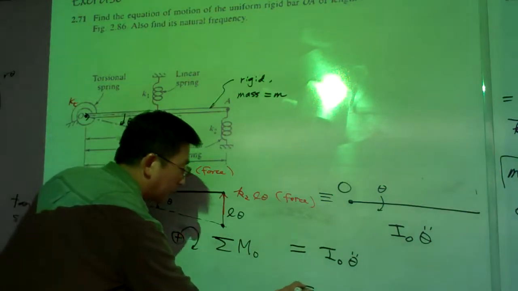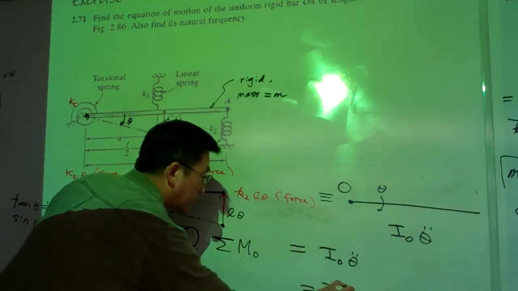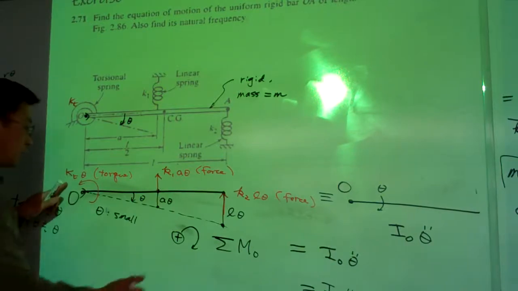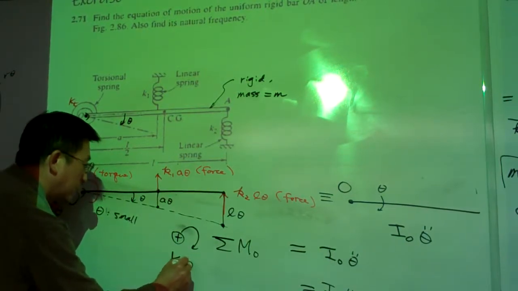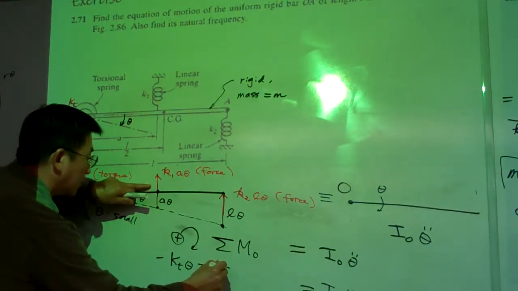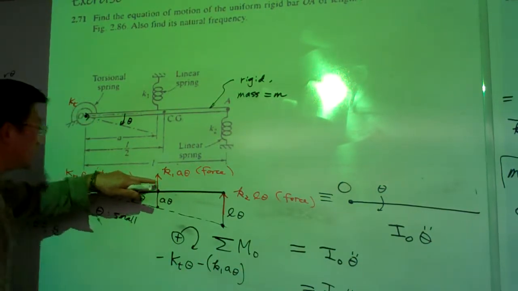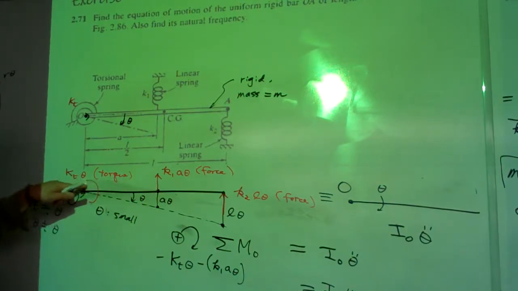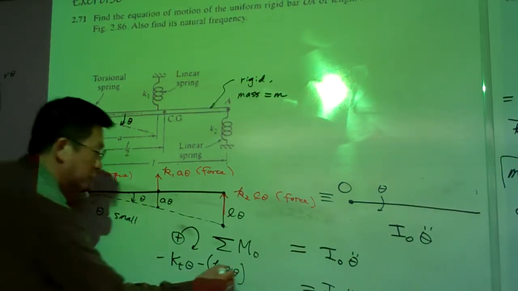Therefore, I_O theta double dot on that side, we have KT theta minus K1 A theta times A. This is a force, and force multiplied by distance gives us a torque or moment.